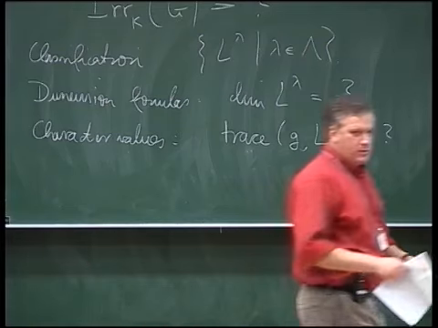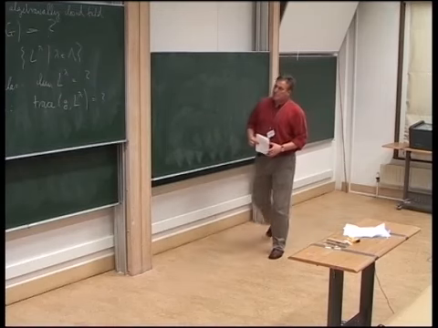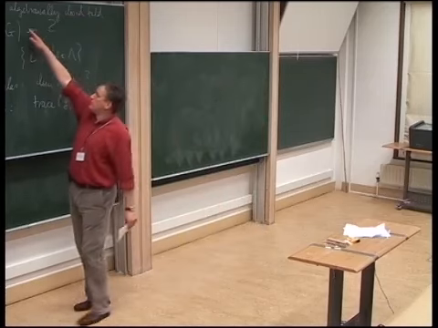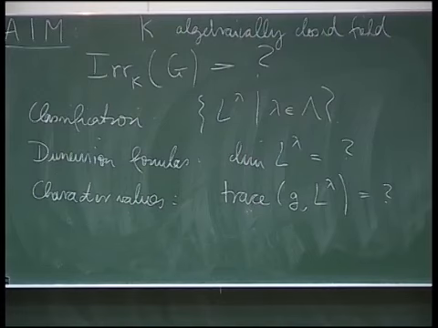Now, as your question already indicates, it is very likely that this problem will look different according to the characteristic of this field K. So there are three major cases.